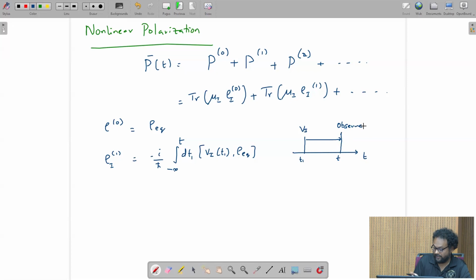And of course, when you do this, you're integrating from minus infinity, observing up to that point.